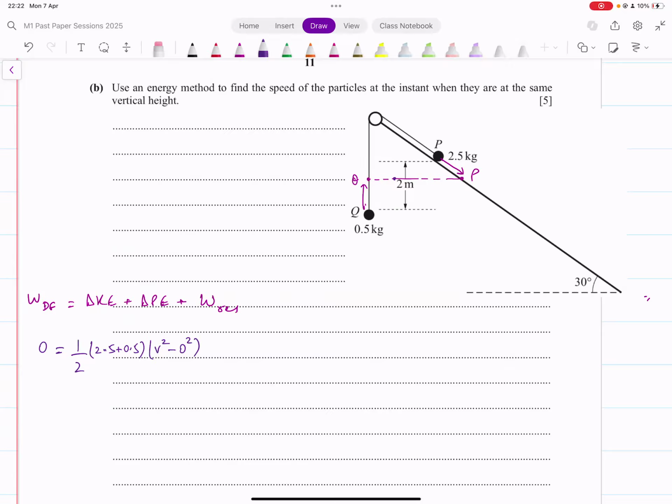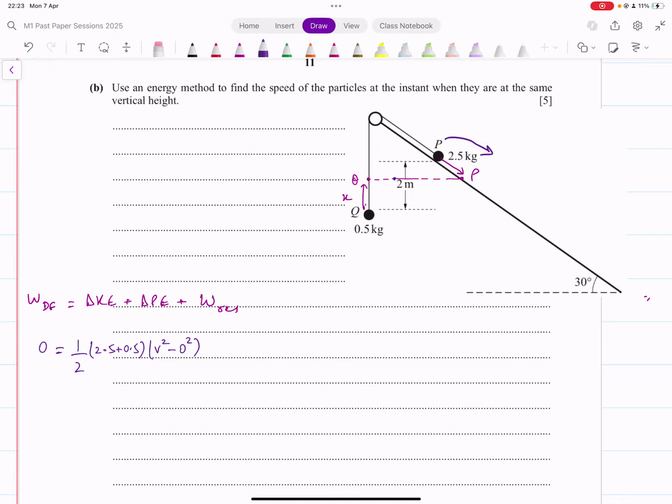How do we think about this? Let's suppose Q moves some distance vertically upwards. Let's say that distance is X meters. Now, if Q moves X meters in the upwards direction, how much does P move down the plane?